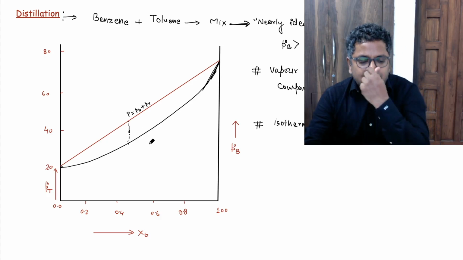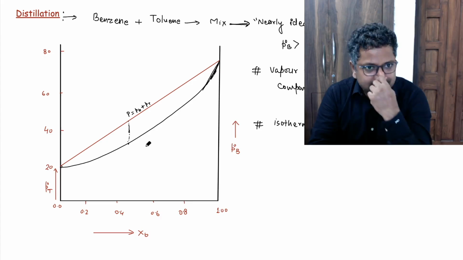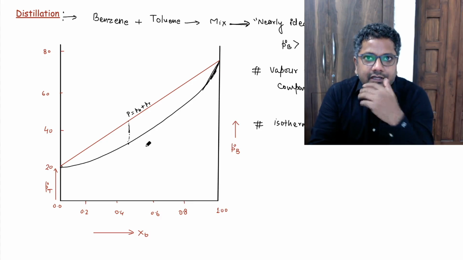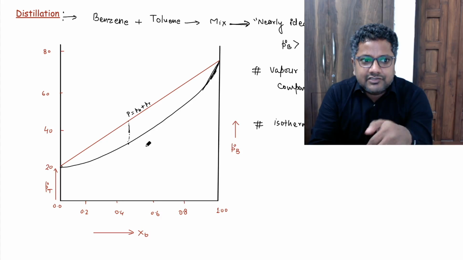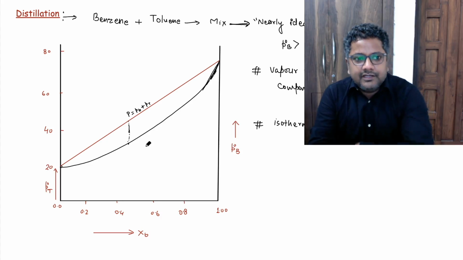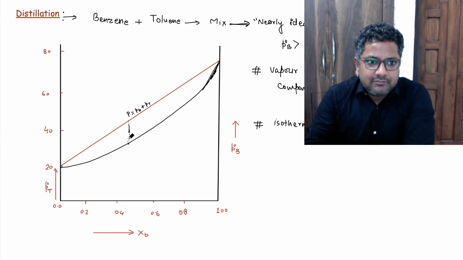So if the total pressure at the surface of any liquid mixture is less than the vapor pressure, then what will happen? Then your system exists in liquid phase or vapor phase. Remember, I told you in the beginning: if total pressure is less than the equilibrium pressure, our system exists in the vapor phase.